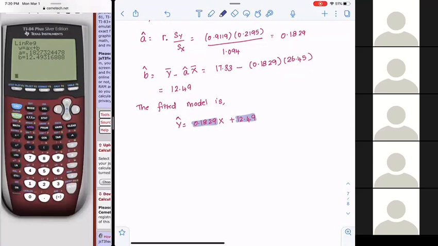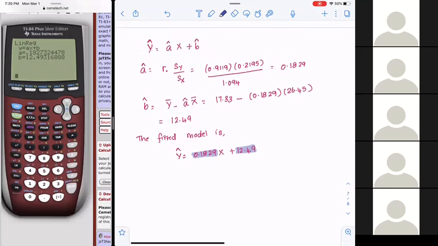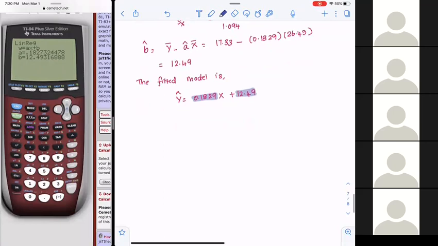So if you have the X and Y values given to you in the problem, you can avoid the formulas altogether and jump directly to LinReg in your calculator and get the fitted model. So now that we know that there is a linear relationship between X and Y, we made use of the data and came up with the model, which is right there.